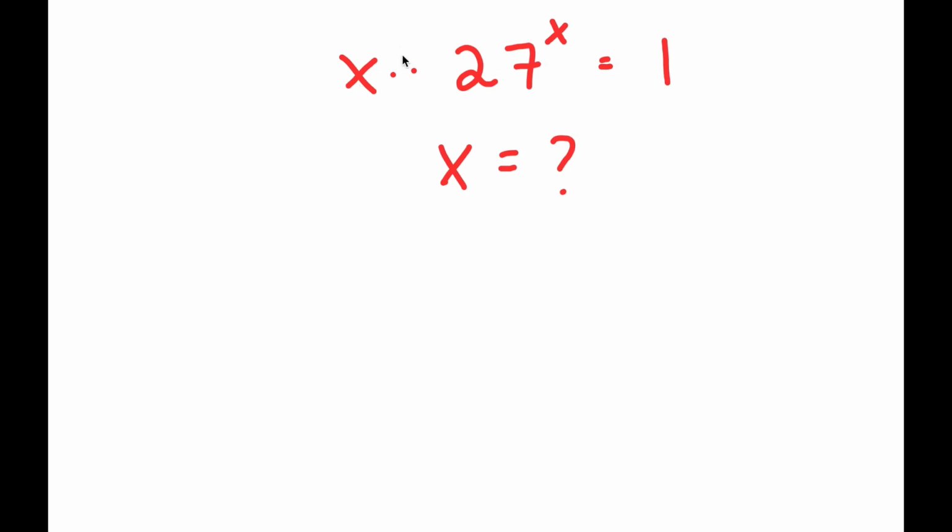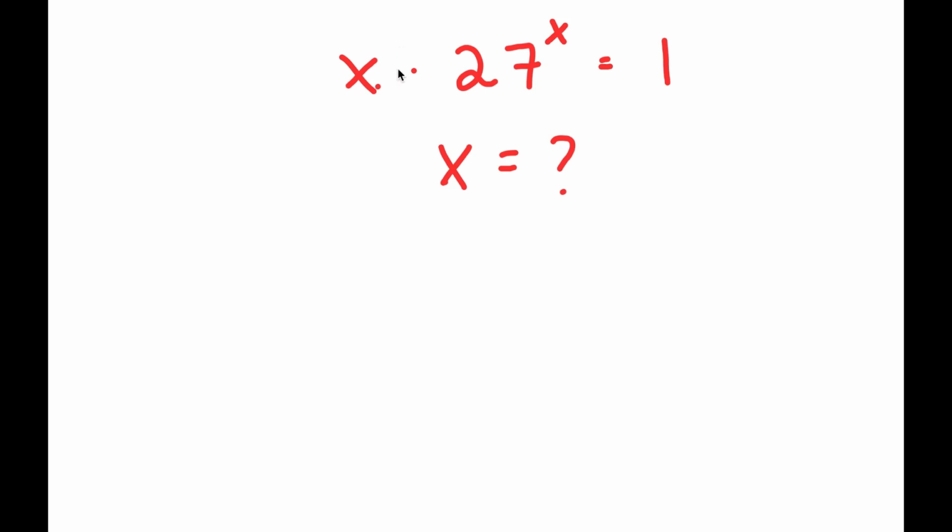So this is equal to 1, and I'm left with 27 to the power of 1 is equal to 1 over x to the power of 1 over x. And now 27 to the power of 1, that's obviously just equal to 27. Anything to the power of 1 is itself. So now I get 27 is equal to 1 over x to the power of 1 over x.